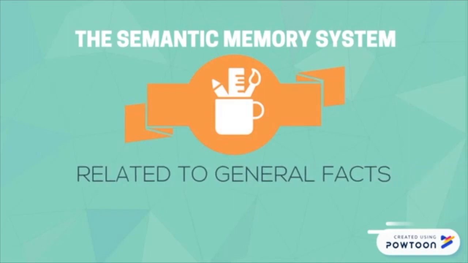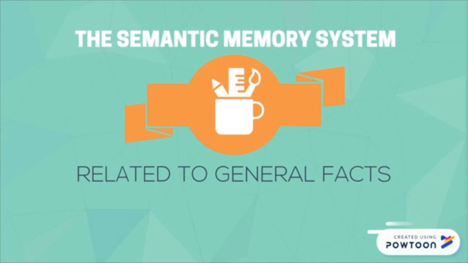Lastly, we have our semantic memory and our episodic memory. The semantic memory is used for us to recall general facts. Keep in mind that declarative memory is not general information. It is more specialized, directed information when it comes to dates, words, faces, and events.